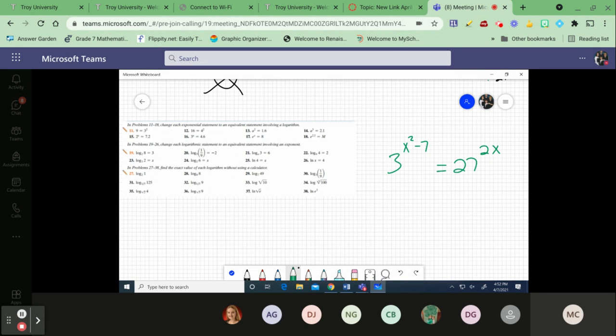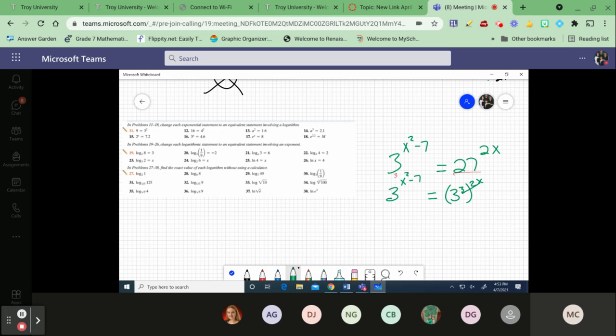I need to make that 27 into a 3, right? So I have to think about how I could break 27 down. And now it's going to be 3 to the third. So if I have 3 to the x squared minus 7, then I'm going to have 3 to the third to the 2x. So if I'm looking at those properties, what do I do with that 3 to the third to the 2x?